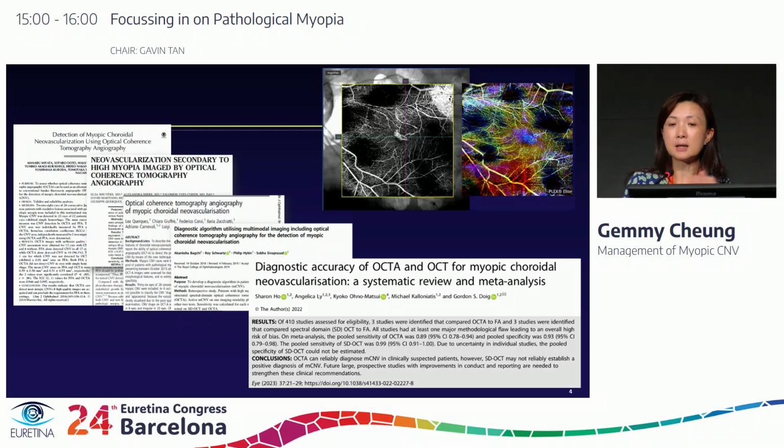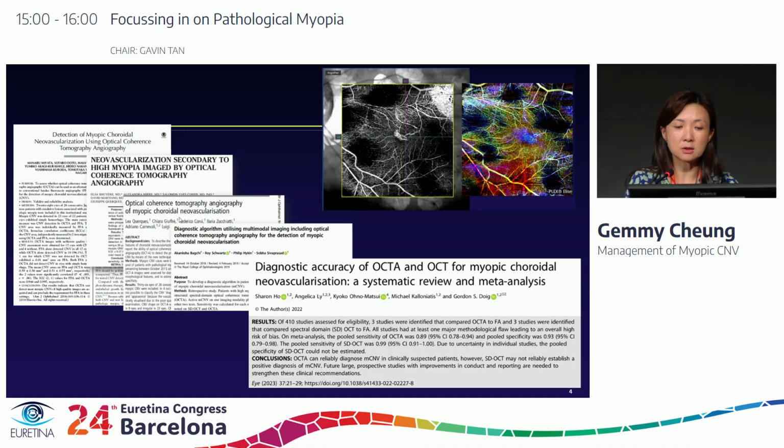Since that publication, many groups have reported the sensitivity and specificity of using OCT angiography compared to FA as a gold standard, and most have reported very high sensitivity and specificity, over 90% easily. One of the latest, in Eye, was a meta-analysis.